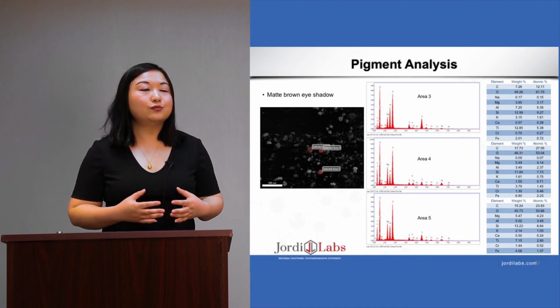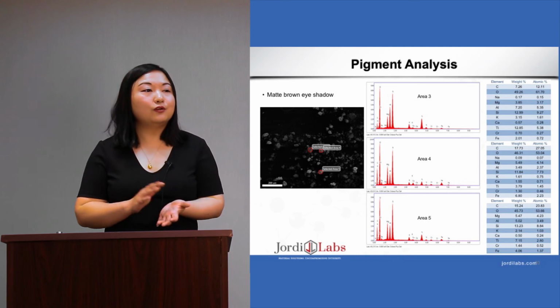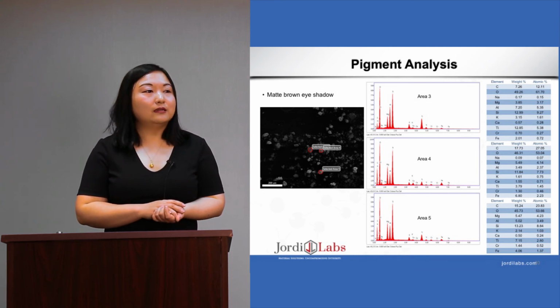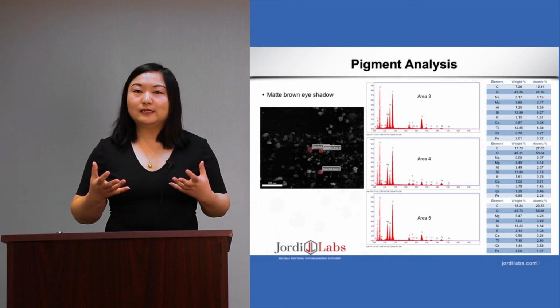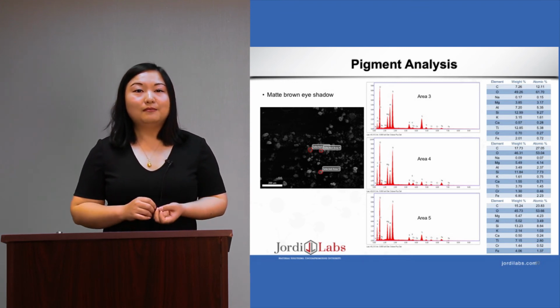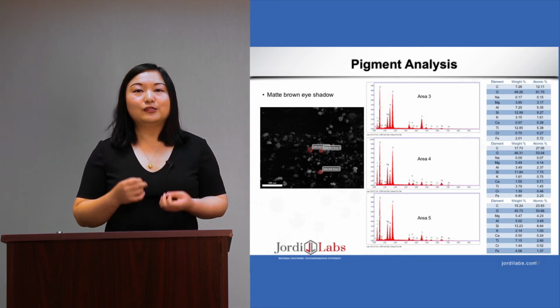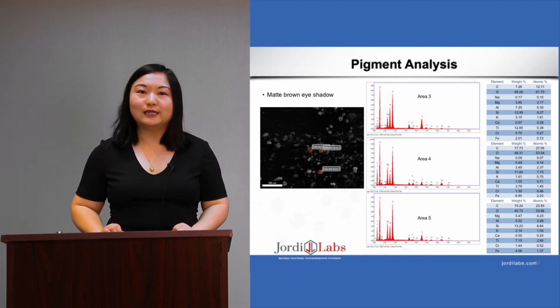And the elements we observed from these areas included silicon and titanium and oxygen and ferric ion. The silicon is widely applied in cosmetics products because it increases the fluidity of the product, and so the eyeshadow can glide well onto you and stay on your skin.